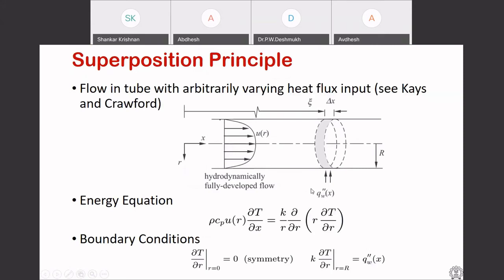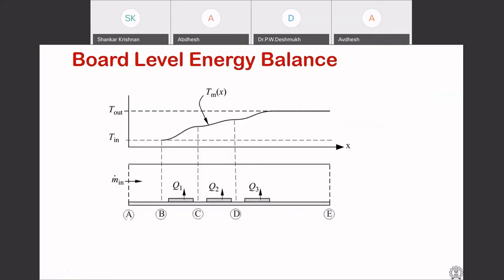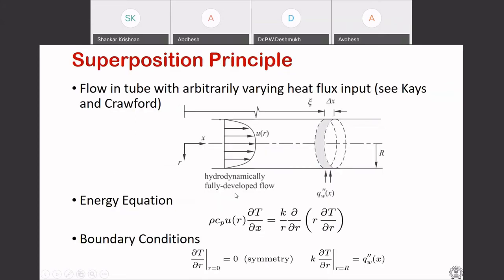At the outer wall, the flux is a function of x, arbitrary. Like in the previous case we just saw, there is zero flux, flux, zero flux, flux, flux, zero. It can vary any way it wants.